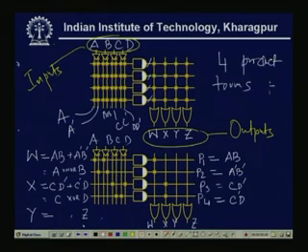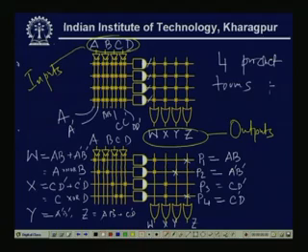But if there is one cross here, then obviously Y equals P2, meaning only A bar B bar. Similarly, if in the Z column the crosses are in the P1 product line and the P4 product line, then Z is A B plus C bar D. So, this is the way we realize logic functions using a PLA.